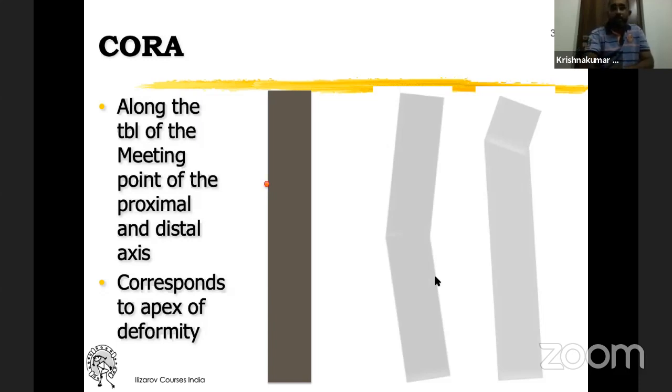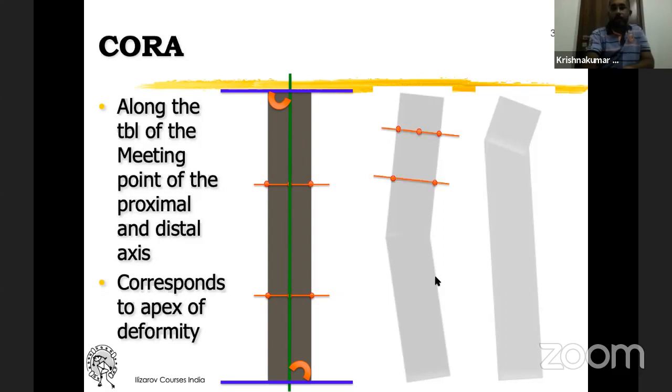The first image is a normal bone. You're drawing the axis. Consider that this is the tibia. Here your mechanical and anatomical axis are the same. Joint orientation angles, that's fine. Now you have a second image where the deformity is actually in the middle of the diaphysis. So that is the axis of the proximal fragment.